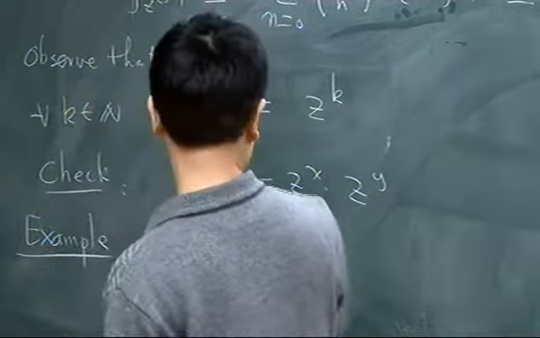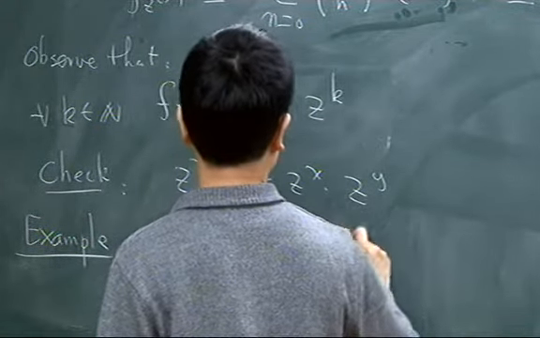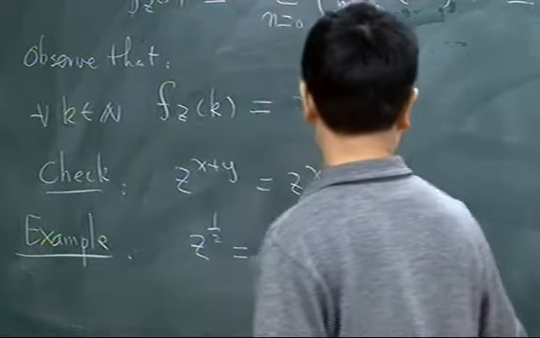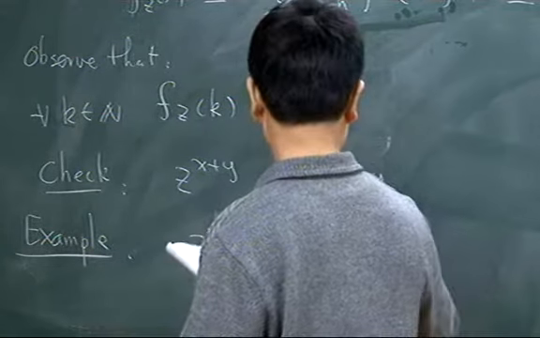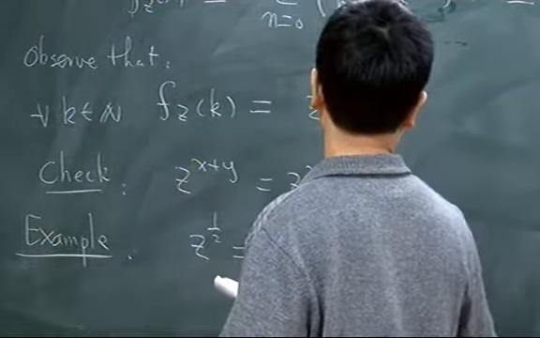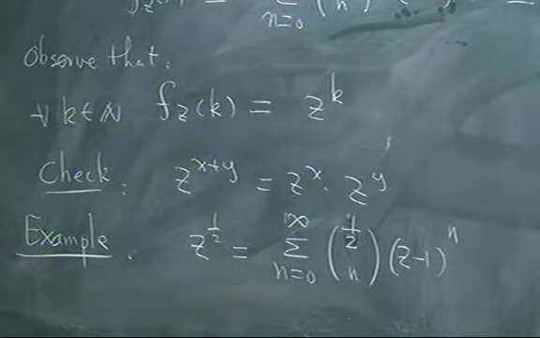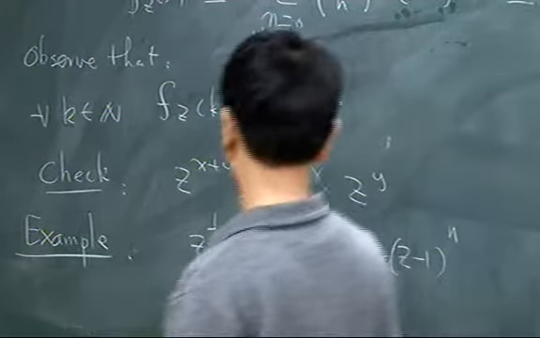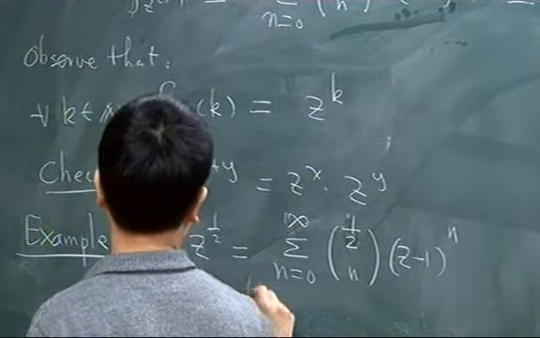So this is the sum over n equals 0 to infinity of (1/2 choose n) times (z minus 1) to the n. So a little exercise is this: take z to be 16/9.